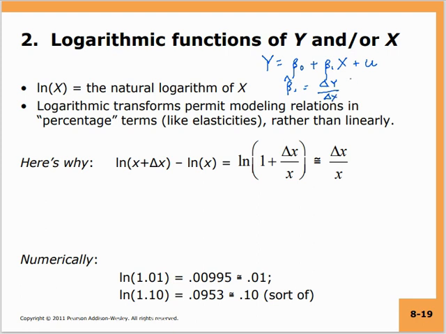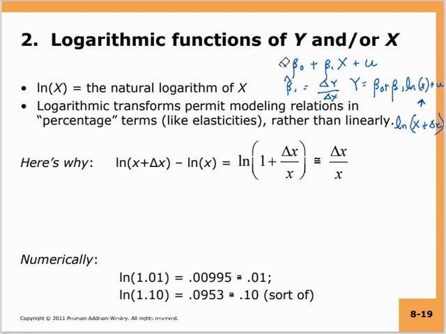Okay, but if you specify y as equal to beta 0 plus beta 1 ln of x plus u, then what happens when x changes by delta x? On your right hand side you have ln of x plus delta x, and this is what happens after the change. Before the change, you just have ln of x.